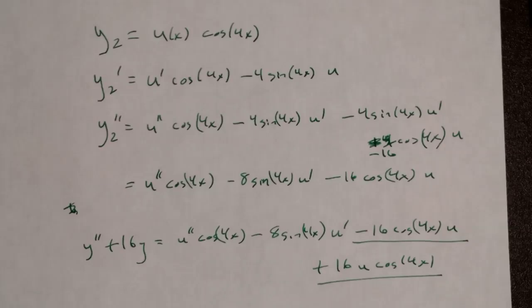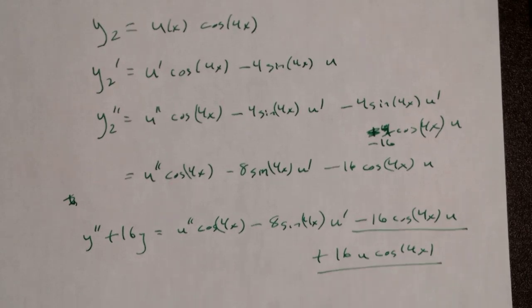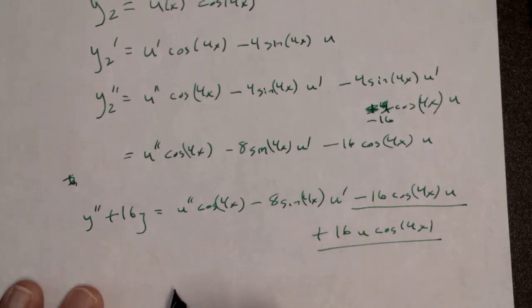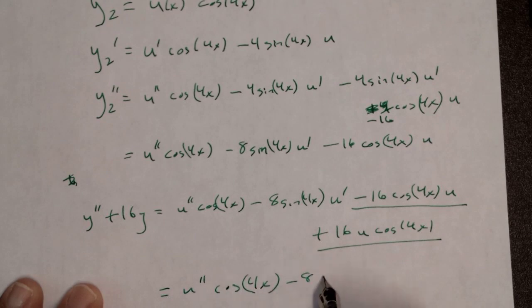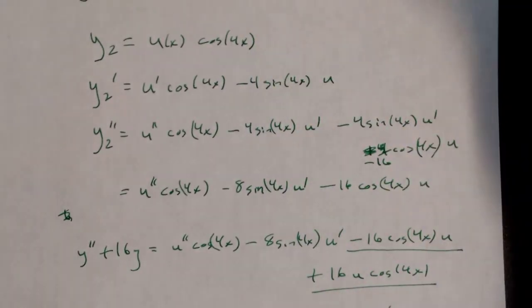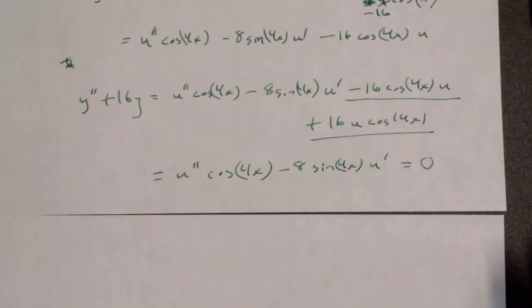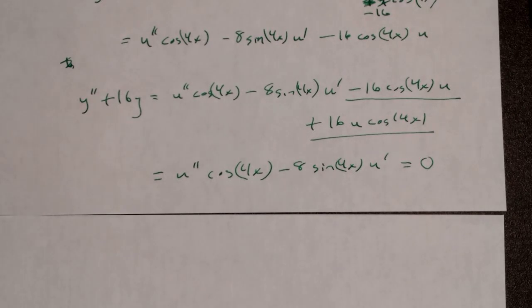Which means the result is u double prime cosine 4x minus 8 sine 4x u prime is supposed to be equal to 0. This is a first order equation if we reduce the order.